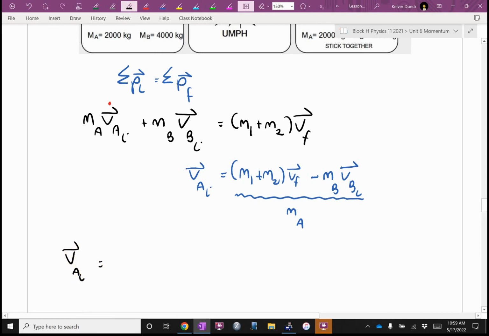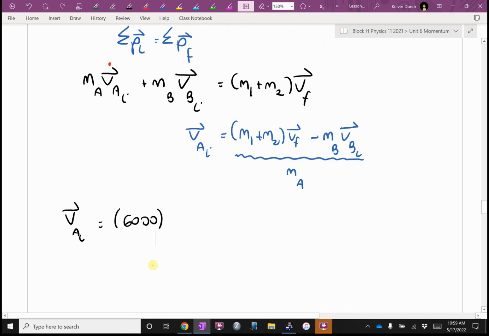VA initial equals, what was M1? What was M2? I'm going to be brave and just add those together, M1 plus M2 in my head, 6,000. I think I can do that. What was V final? 5. And double check, positive or negative? Is it positive? Okay.